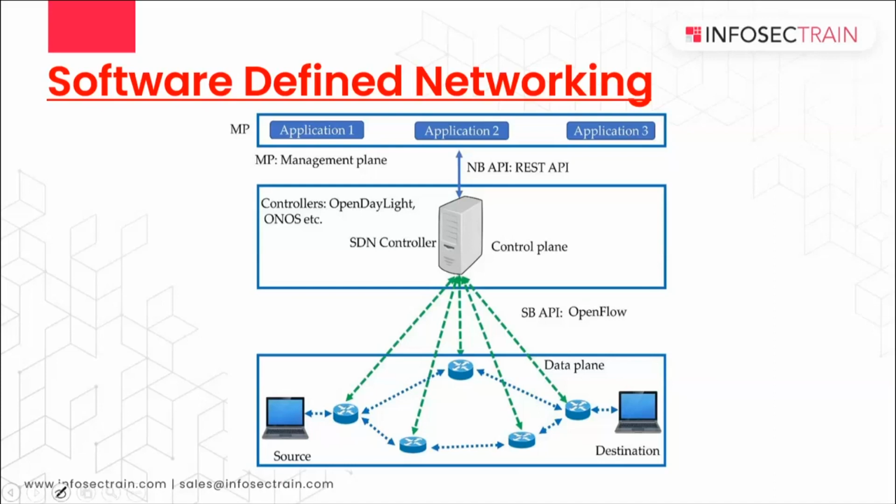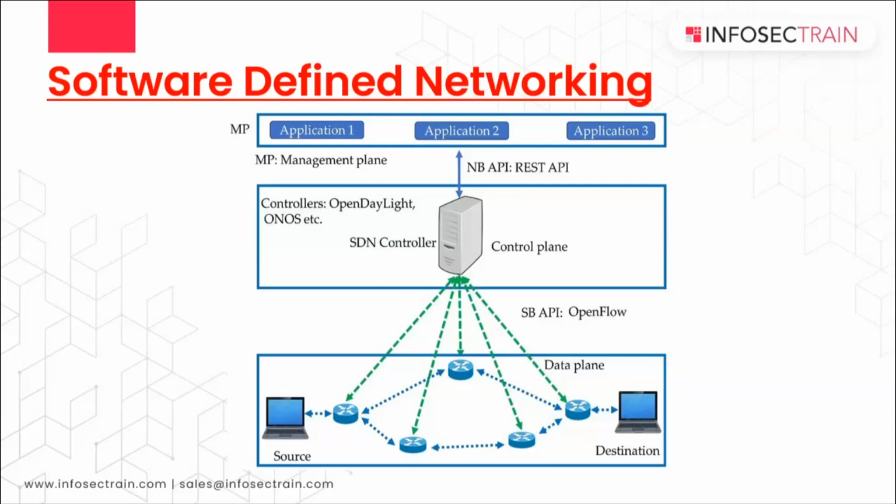right? Data plane is the part where all of your sources and destinations, your routing, networking will be there, right? So that's what we call the data plane. And then this particular part, you call it the control plane.